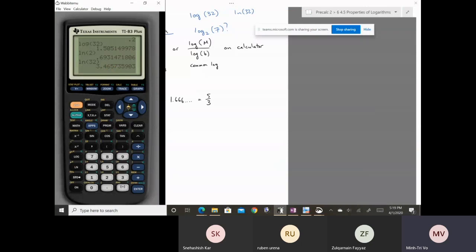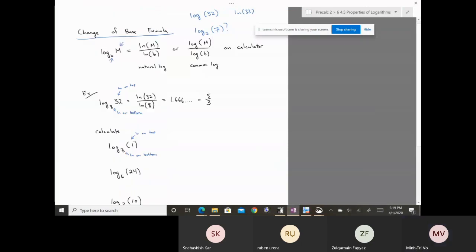So they're not the same operation because they have different bases. What I'm saying is when you're using them as part of the change of base formula, then they give the same answer. But if you're just calculating them individually, they're two different things.